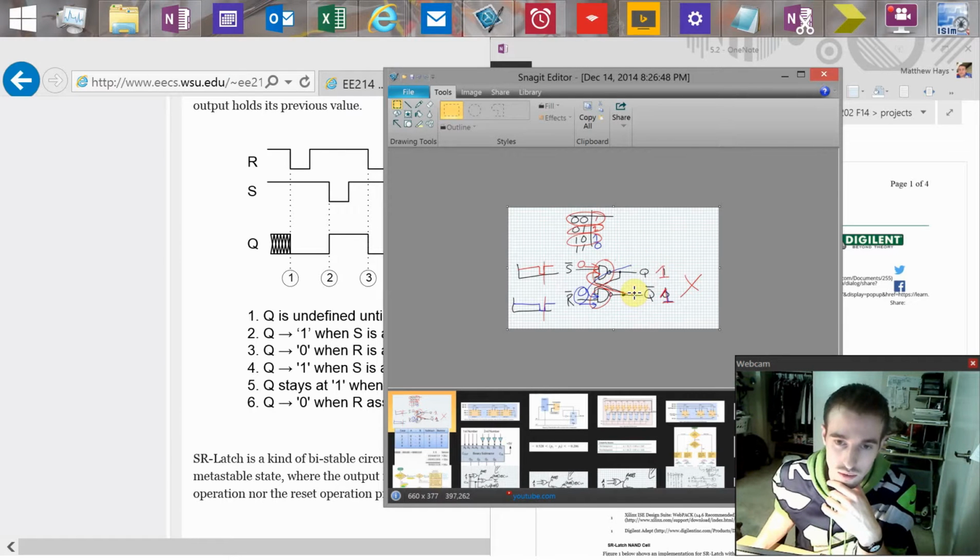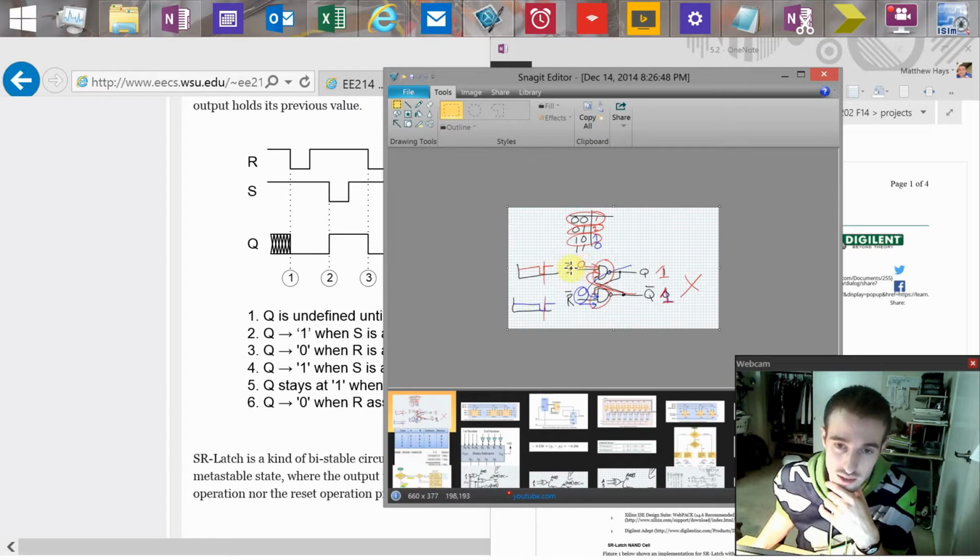Now, the idea is that when you want to set the information or store something in Q, if you want to store a 1 in Q, these are active low. So you would assert low on the set input, which would drive Q to a 1.